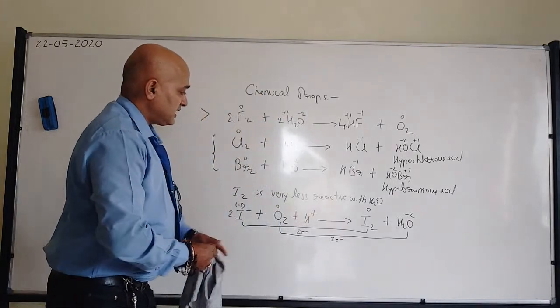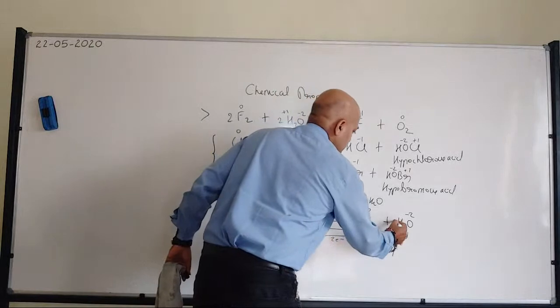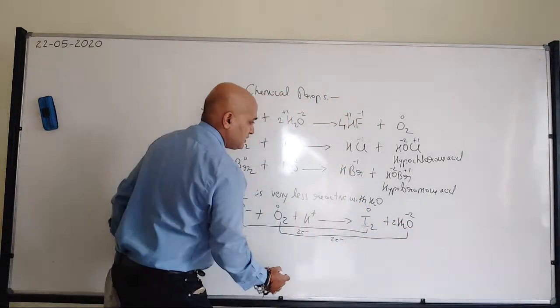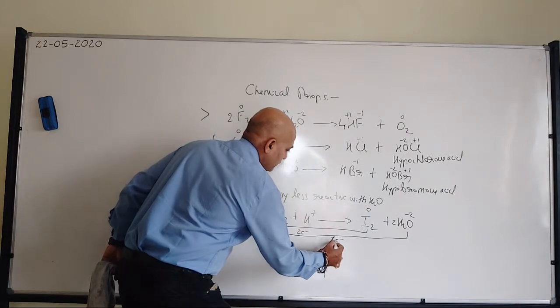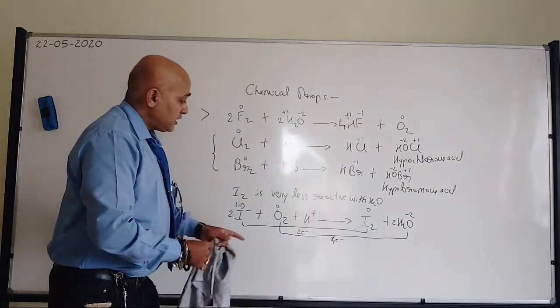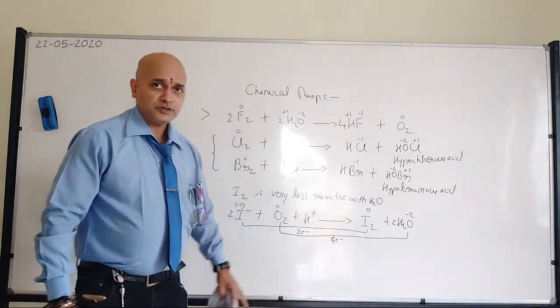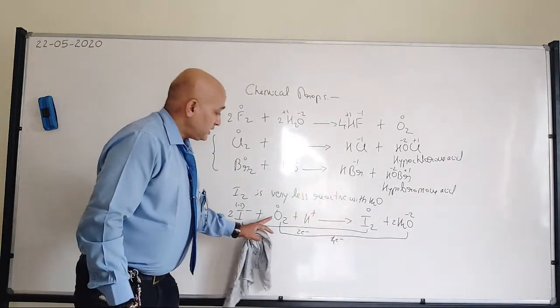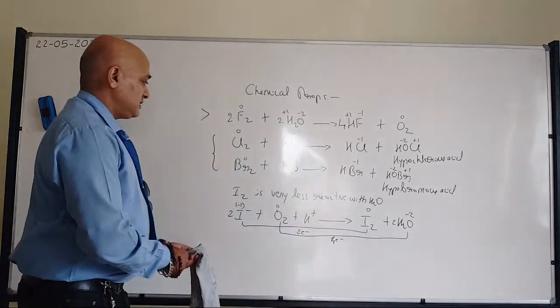But since there are 2 oxygen atoms here, it should be 4 electrons, because 1 oxygen atom takes 2 electrons to become O-2, oxide, and another oxygen atom is also there. Therefore, total 4 electrons, right?